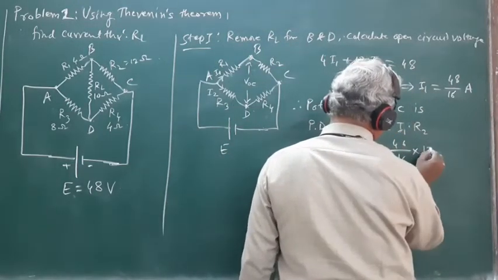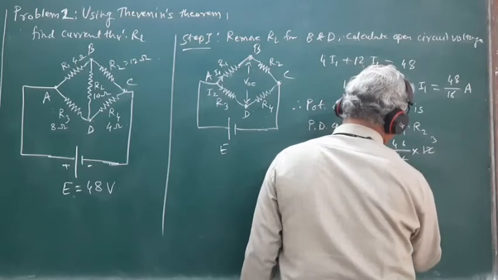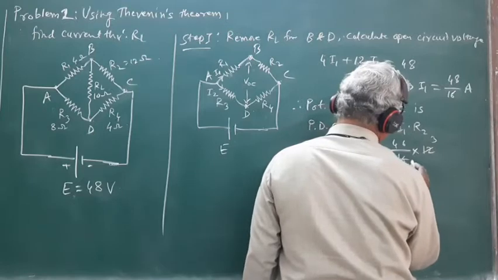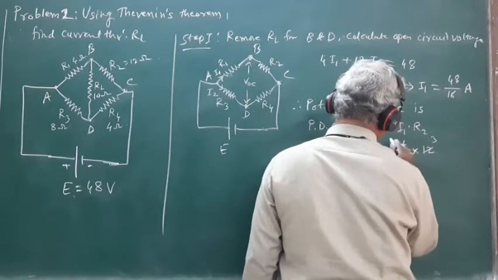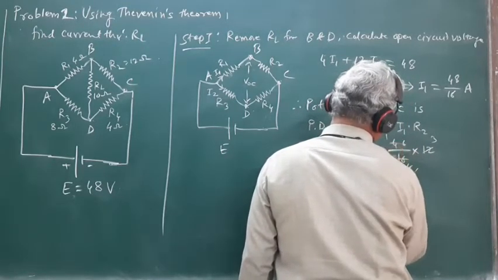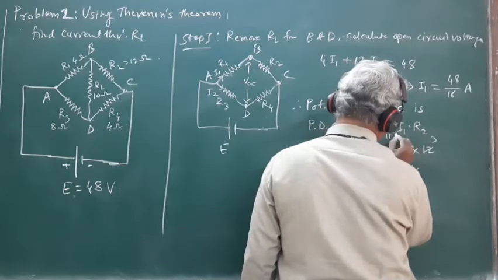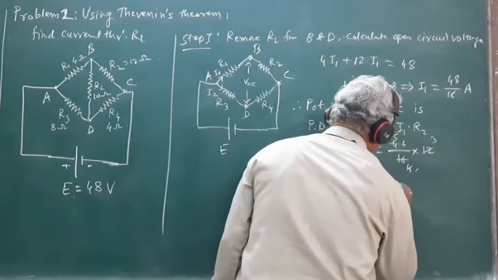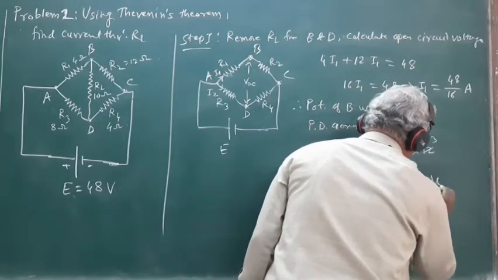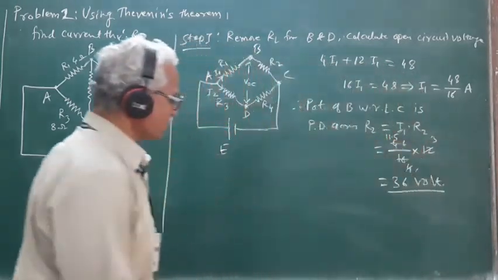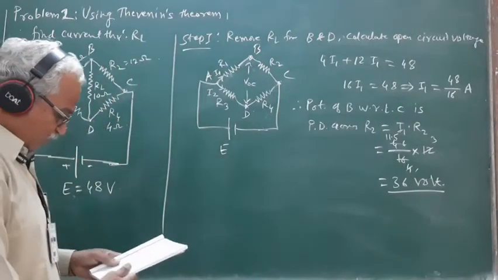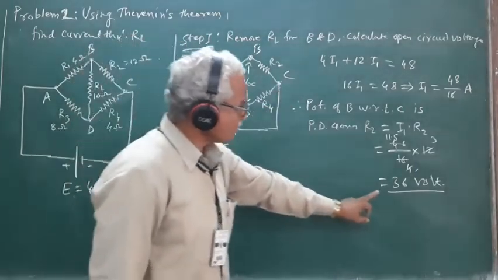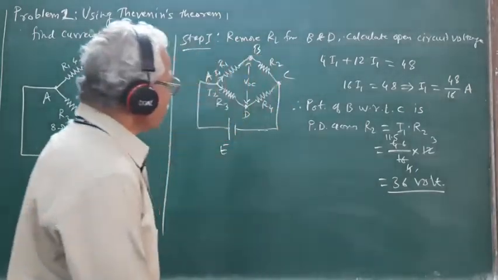So this works out to be 36. So the potential at the point B with respect to C works out to be equal to 36.